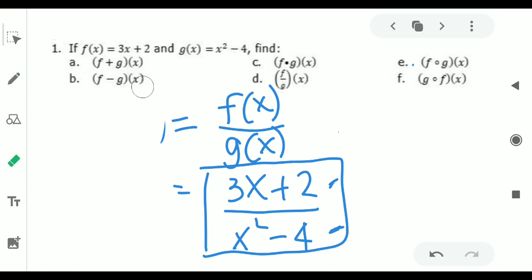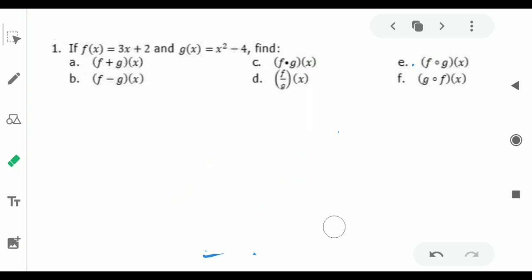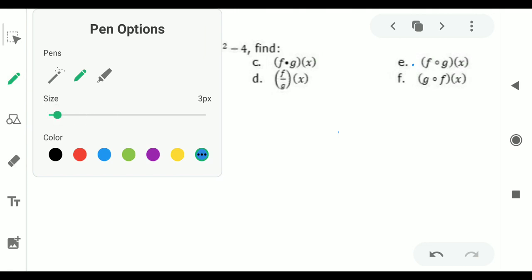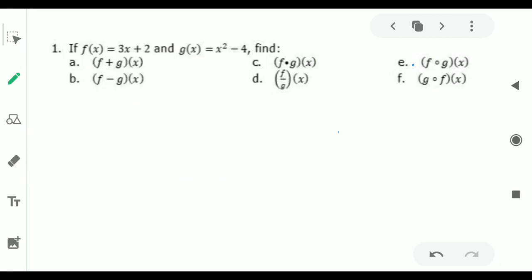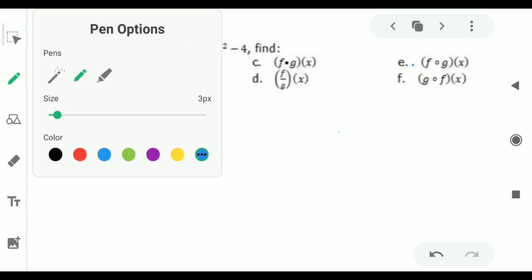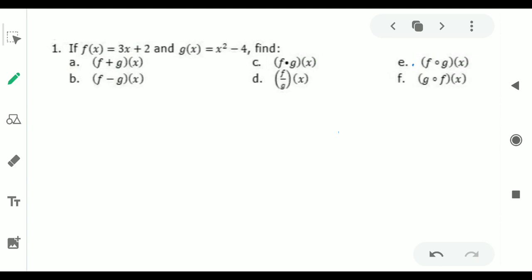Okay, now let's proceed to composition of functions. Okay, so for composition of functions, we have letter E, that is f circle g of x, and letter F, that is g circle f of x.